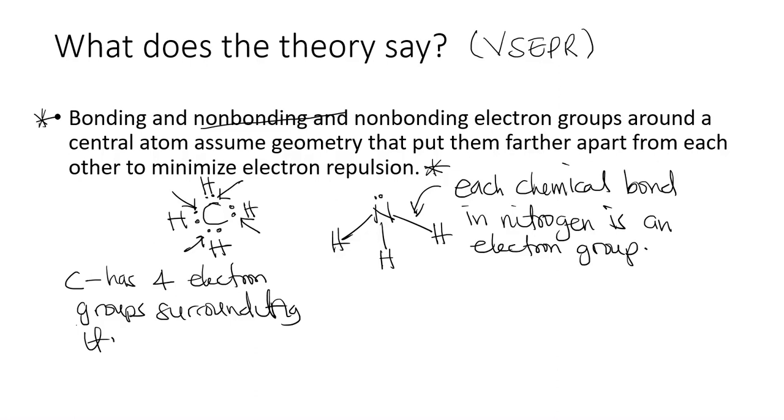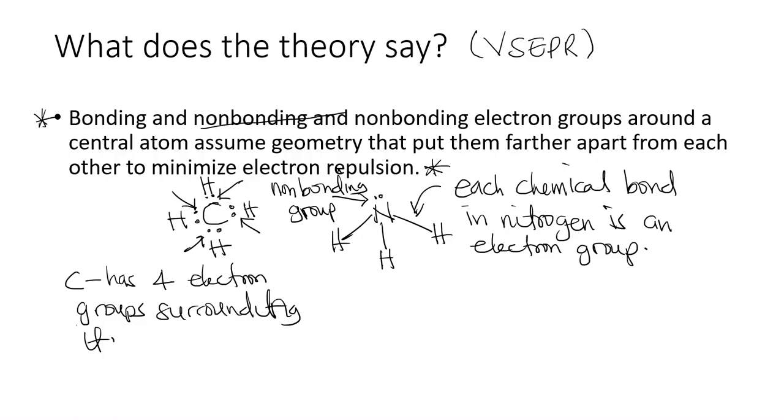Now, this group here is known as a non-bonding group. So each chemical bond in nitrogen is an electron group, but there is also a non-bonding electron group.